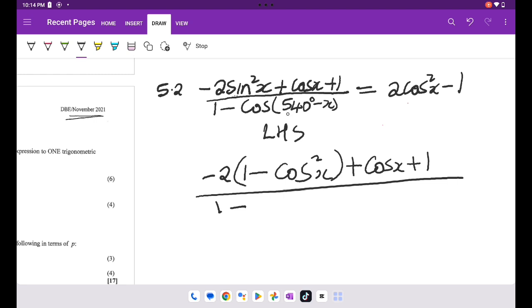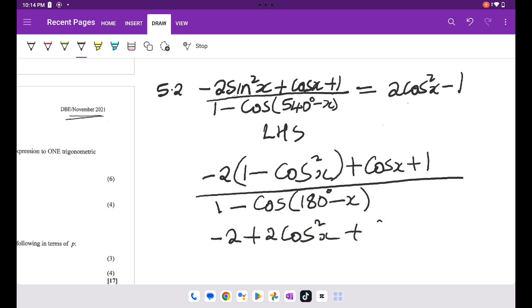If we take 540 and subtract 360, we will be left with 180, so this is 180 minus x. Removing the brackets here, we will have negative 2, then plus 2 cos squared x, then plus cos x plus 1.